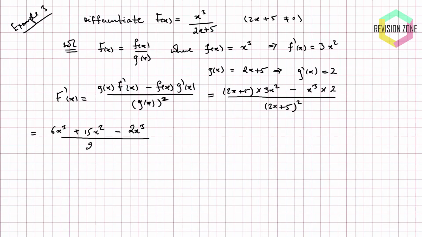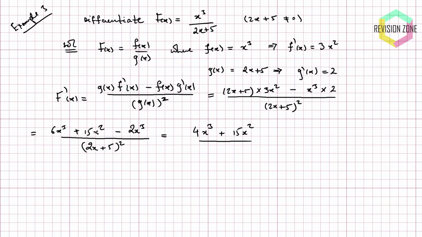The denominator I'm just going to leave as 2x plus 5 all squared. I don't really need to expand that any further. So the 6 and the negative 2 are going to combine because I've got the same sort of term there. I've got x cubed there and x cubed there. So I'm going to get 4x cubed, and then the plus 15x squared is just going to remain.